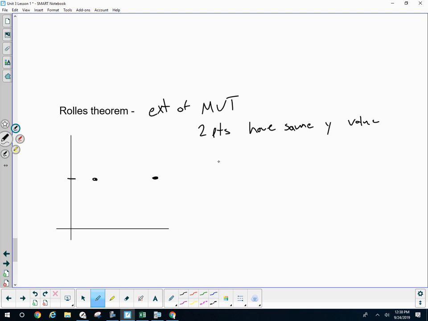Same thing as the mean value theorem. Average rate of change and instantaneous rate of change equal each other. Only I know that the average rate of change for any 2 points, no matter where they are, if their y values are the same, the secant slope will always be 0. So we can be a little bit more specific in this situation.